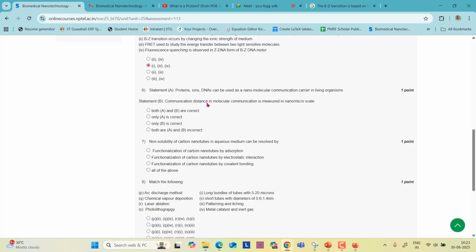So here I think proteins, ions, DNAs can be used as nanomolecular communication. Obviously, these are the basic parameters of our life, so they are used for nanomolecular communication. And statement B, communication distance is measured in nanomicro scale. So both A and B are correct.